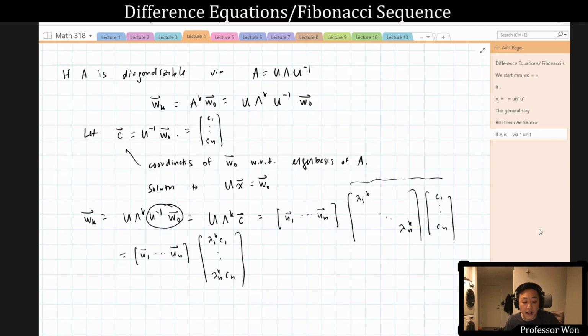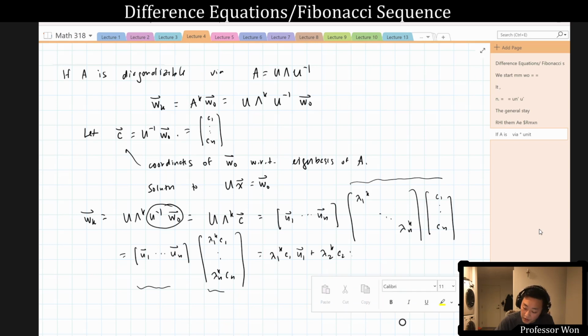But now I use the fact that multiplying a matrix by a vector just gives you a linear combination of the columns of the matrix. So this thing is just lambda_1 to the k c_1 u_1 plus lambda_2 to the k c_2 u_2 plus, and so on, plus lambda_n to the k c_n u_n.